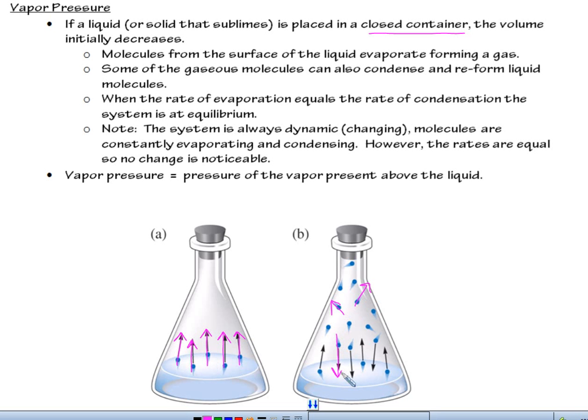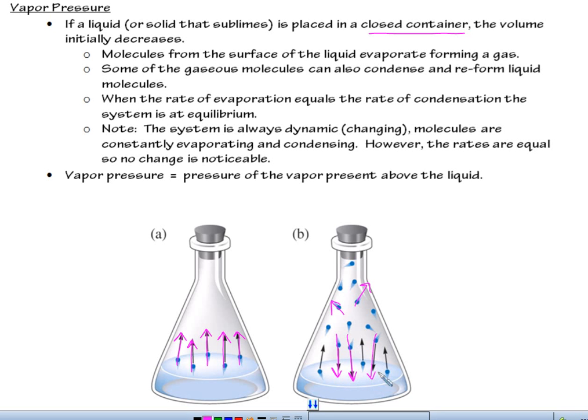If that happens, those gas particles re-enter the liquid phase. Whoa, crazy, but it kind of makes sense, right? Random movement of gas particles, random collisions occur with the walls of their container, but also with the surface of the liquid. And when those gas particles collide with the surface of the liquid, they re-enter the liquid phase. Cool.